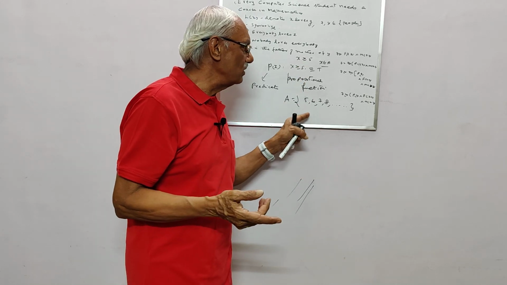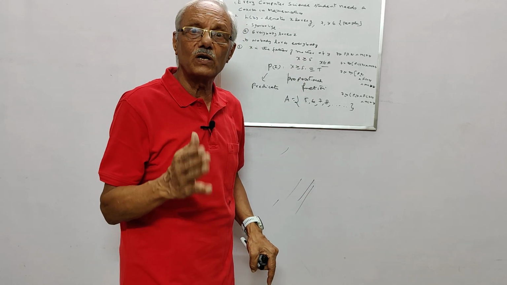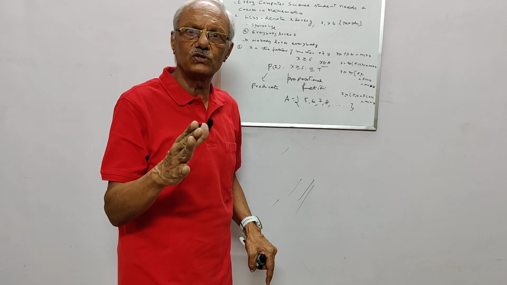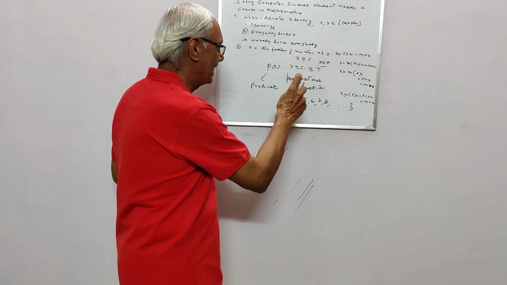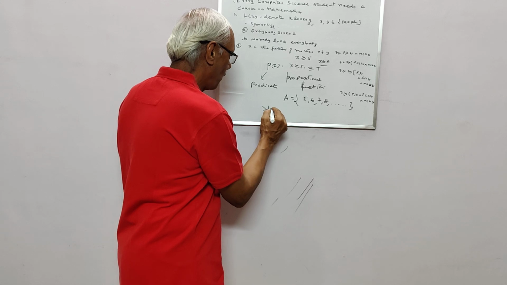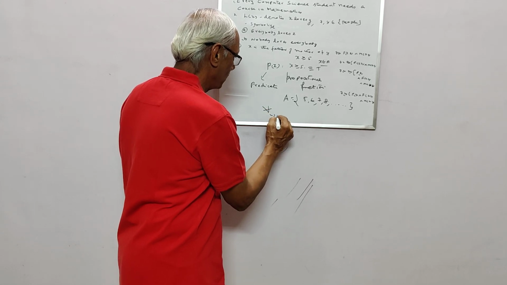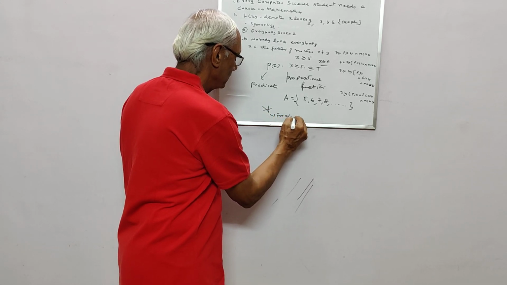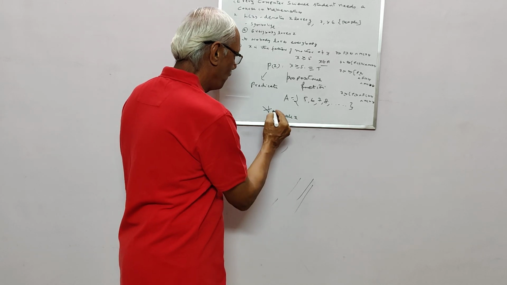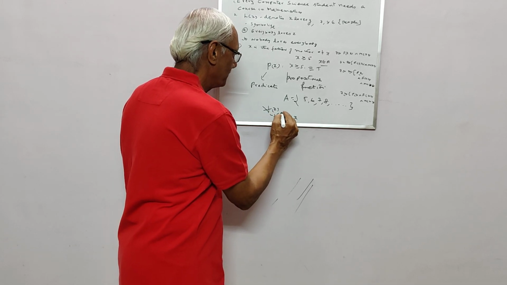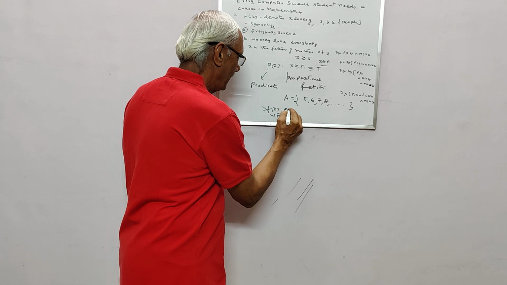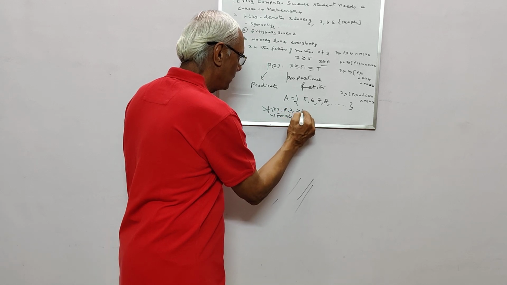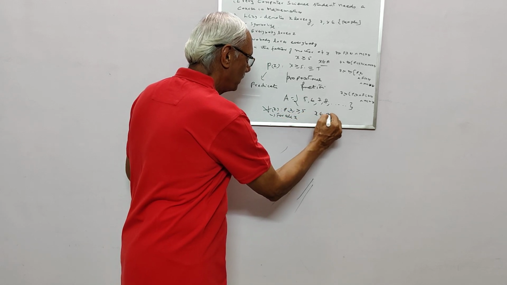You take any value from A, it is true. What does it mean? For all values. So I can put this as for all x. This means for all. So for all x, P of x is greater than or equal to 5 and x belongs to A.